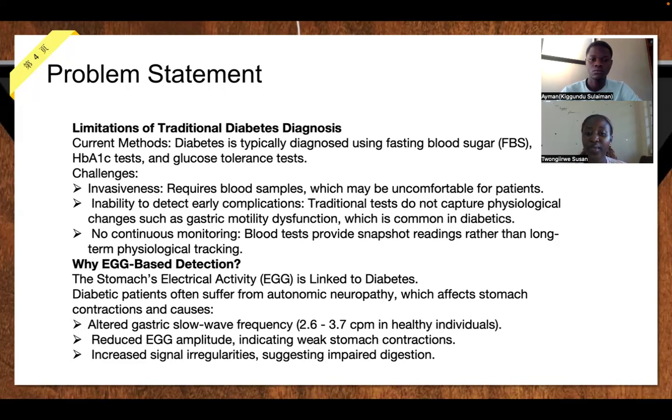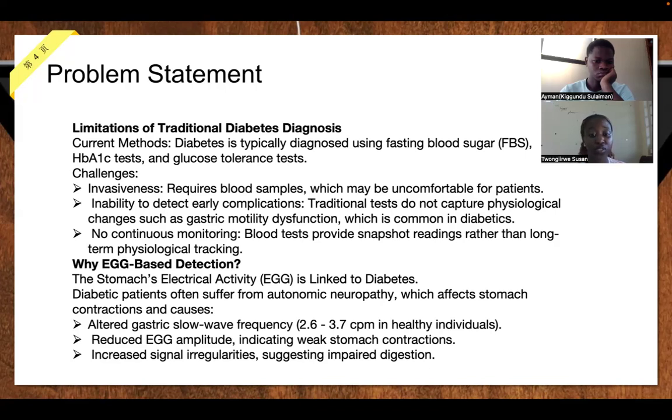Then why do we want to use EGG-based detection? Stomach electrical activity is linked to diabetes. Diabetic patients often suffer from autonomic neuropathy, which affects stomach contractions.